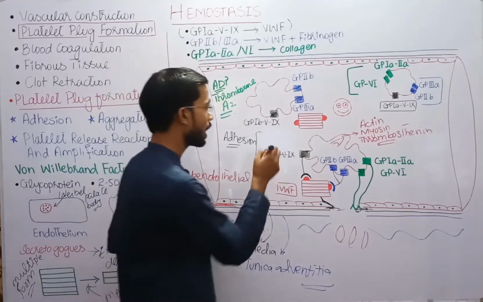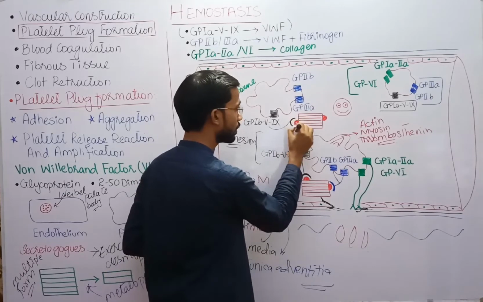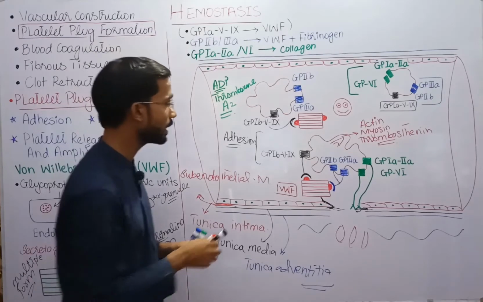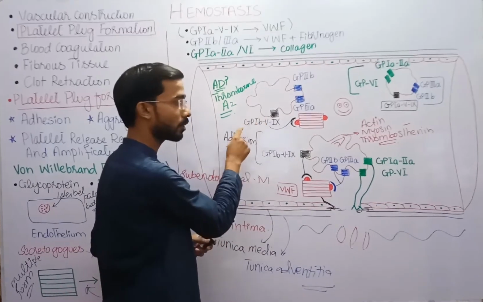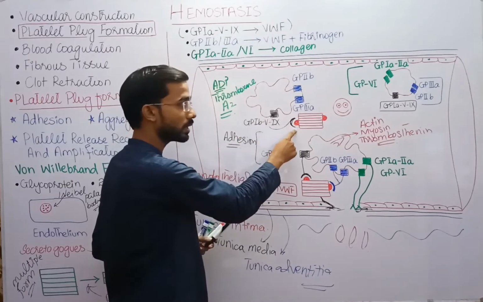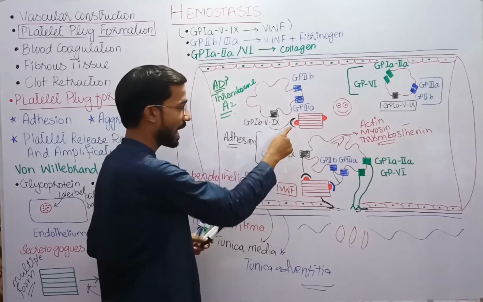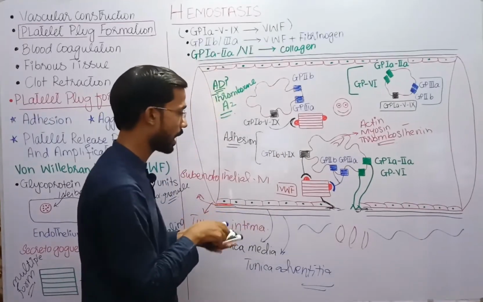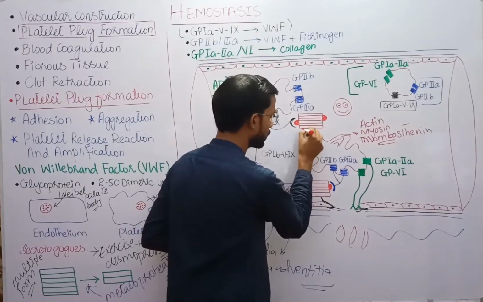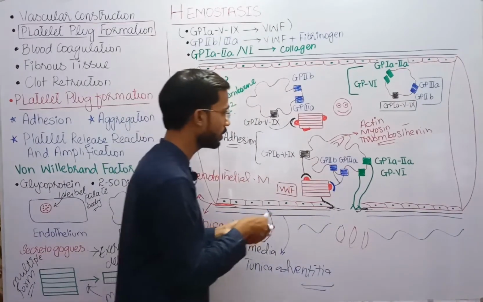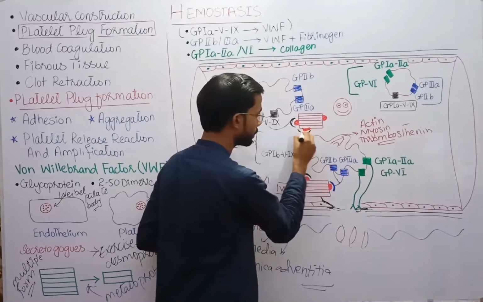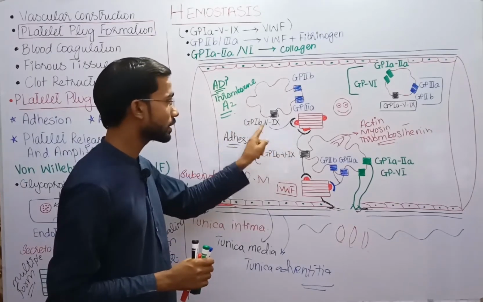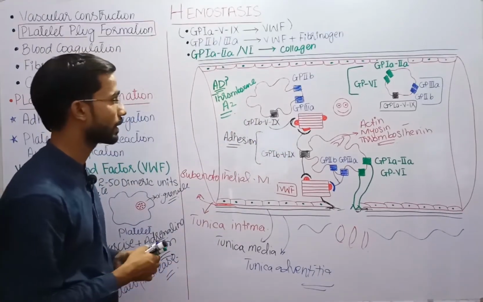This glycoprotein attached to another von Willebrand factor, like this platelet having glycoprotein complex attached to the von Willebrand factor, and this complex can also attach with this von Willebrand factor, right? It means now two platelets are joined together.